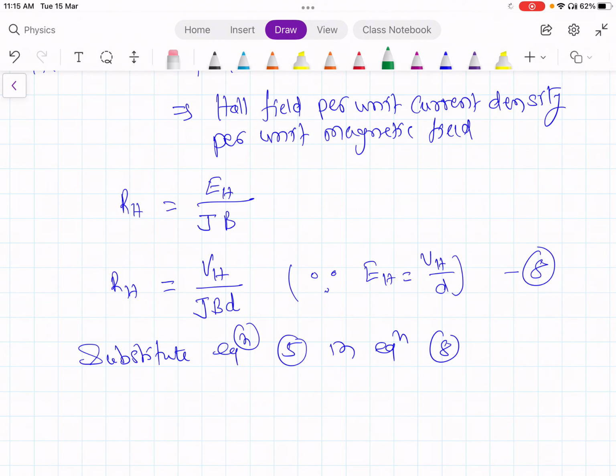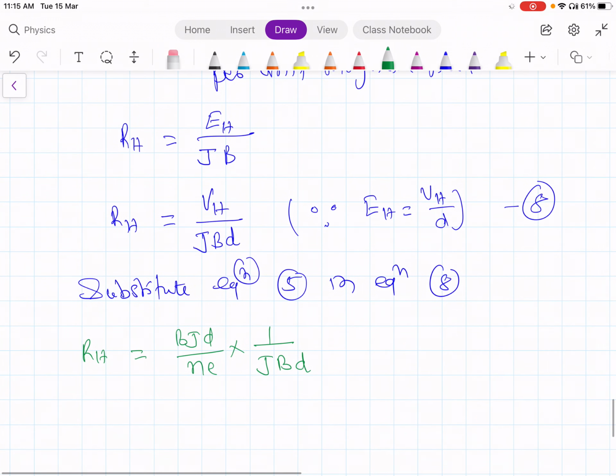So RH equals VH, which is B J d upon N e into 1 upon J B d. That is nothing but RH equals 1 upon N e, and this is equation 9. As these terms cancel, we got RH, that is the Hall coefficient, equals 1 upon N e, where N is the number of charge carriers and e is the charge on the electron.